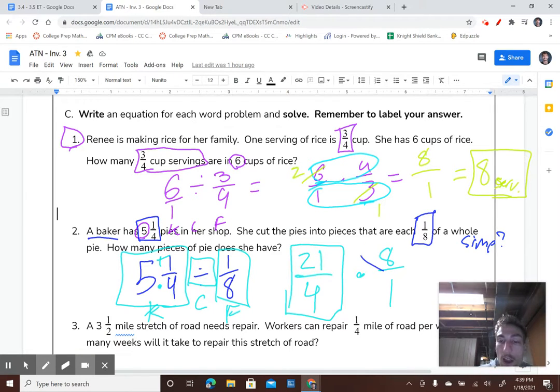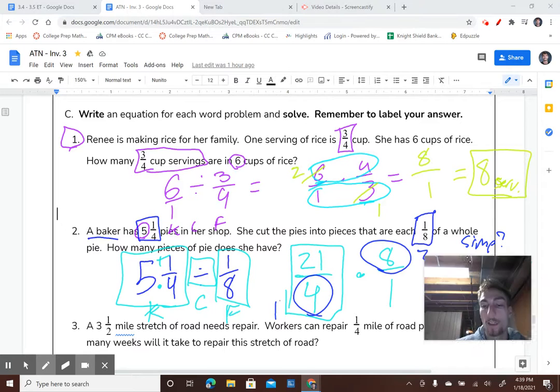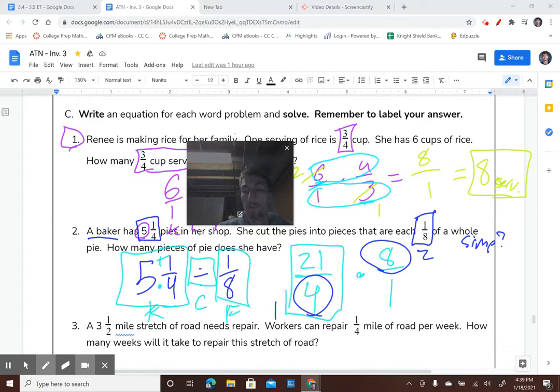So I realize that 8 and 4 are both divisible by 4, and so I'm going to go ahead and change 8 into 2 and 4 into 1. Now realize 8 isn't directly above 4, but it doesn't have to be, because when we're multiplying, the order doesn't matter. In other words, it doesn't matter if I'm doing 21 times 8 or if I'm doing 8 times 21. I could rewrite it however I'd like.